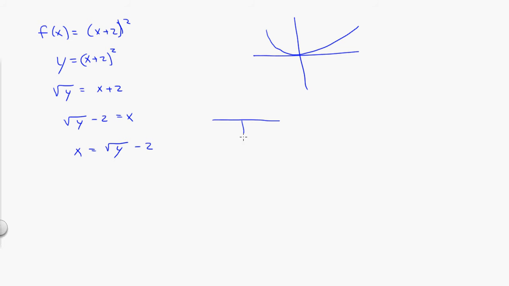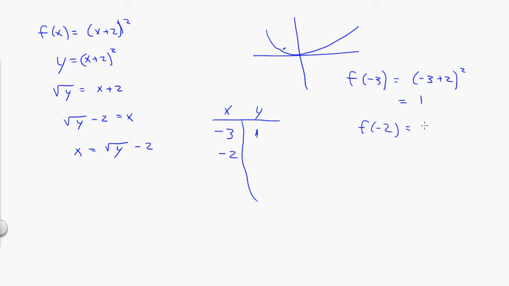So if I put in x and find y, I have minus 3 for x: f of minus 3 equals minus 3 plus 2 squared. That's the same thing as 1. Put in minus 2 for x: f of minus 2 equals minus 2 plus 2 squared.